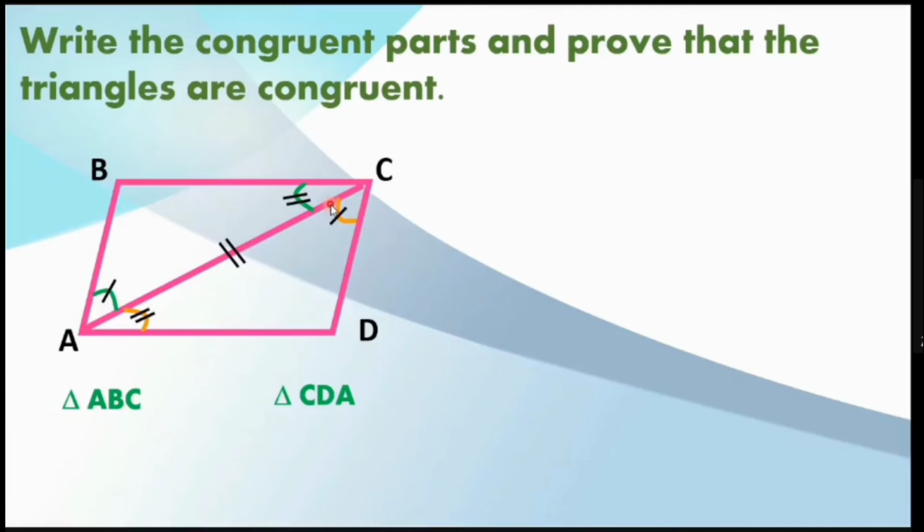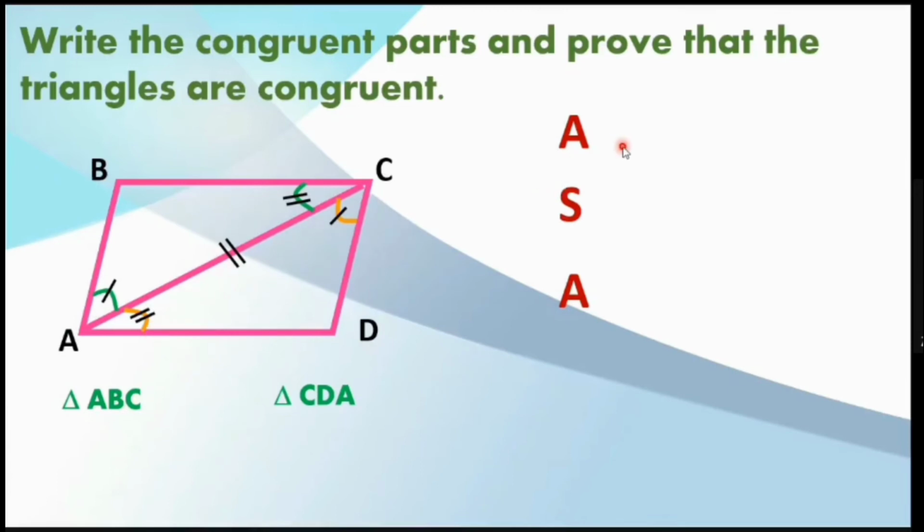So in that way, there are three pairs of corresponding parts that are marked congruent. Okay, as we can see, we have here angle, side, angle. On the second triangle, we have angle, side, angle. So it falls under angle, side, angle, or ASA.